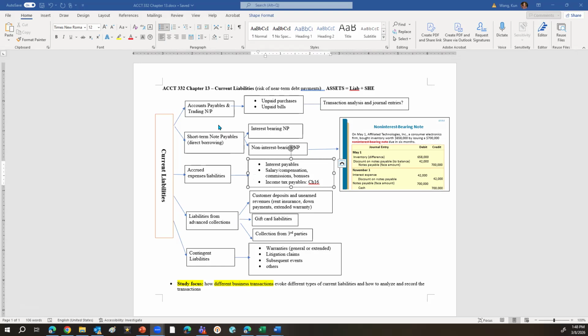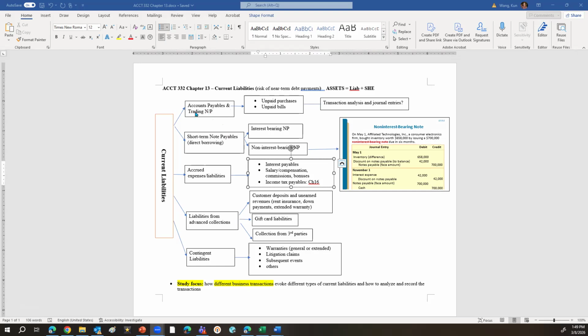We need to understand what type of business transactions involve these different items, and when those transactions are incurred in your business operations, how we can analyze them and record them in the appropriate journal entries. That's the focus of this chapter.